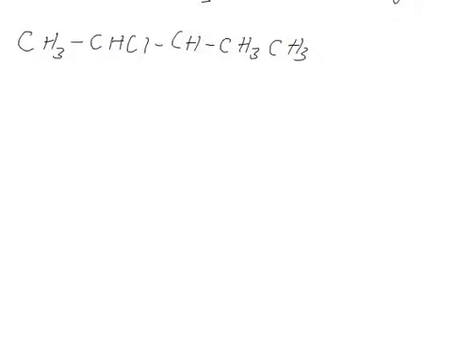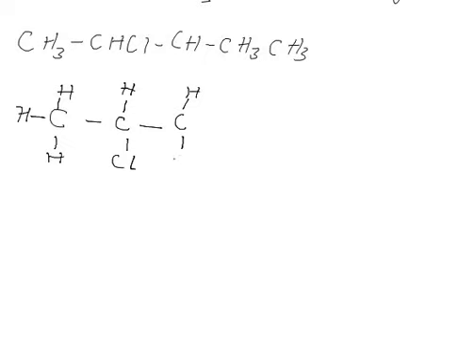So you can spread this out to give you your CH3 as C surrounded by hydrogen, and then another C with hydrogen and chlorine, then another C with hydrogen and a methyl group, then with C and 3 hydrogen.